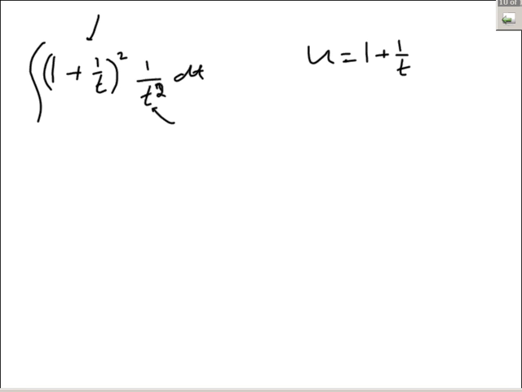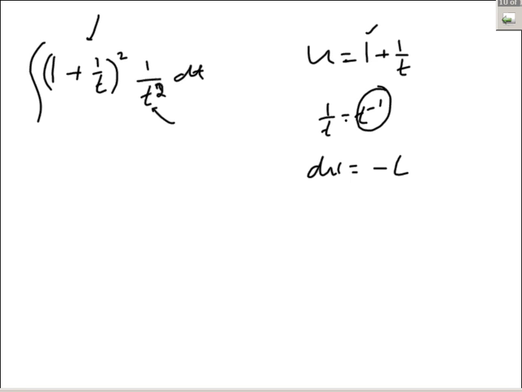Okay, well then, remember that 1 over t is t to the negative 1. So then du will equal the derivative of 1, which is 0, plus the derivative of 1 over t, which is the same as the derivative of t to the negative 1. Plus minus is minus.